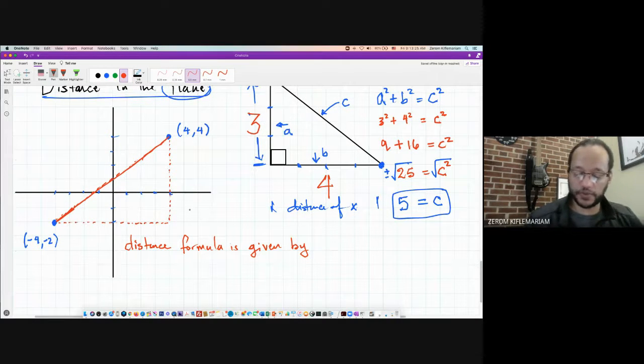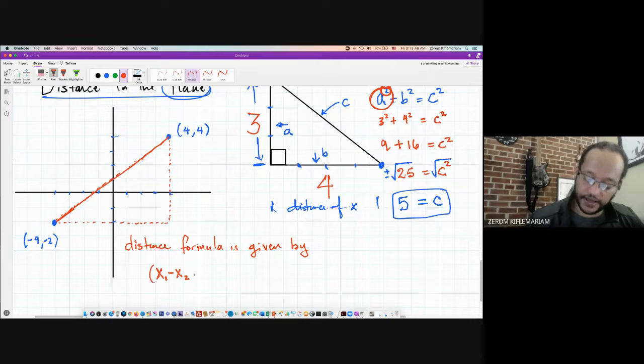First, I need to know my distance for the x. So I need to know what is x1 minus x2. If I subtract the two x's, then I will find the difference of the x's. But at the end, I have to square it.